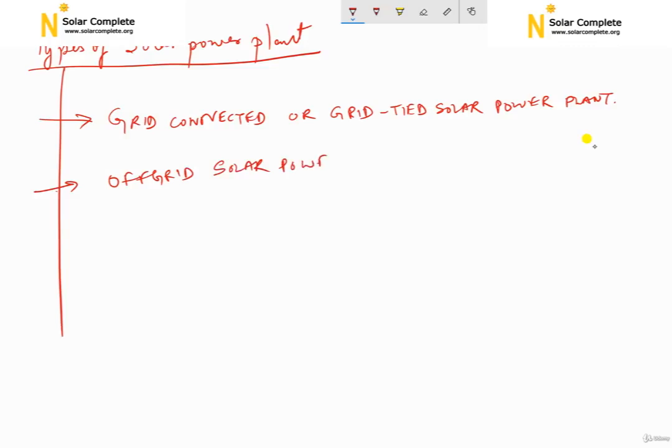It is compulsory for its operation. Without this line, it will not be a grid tied power plant. It will be an off grid case. So for its operation, a grid line is definitely there.